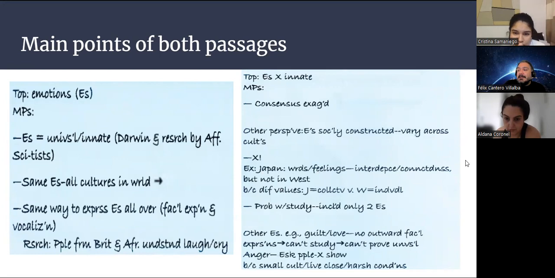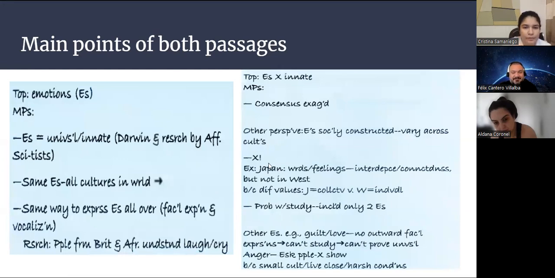And then, these are the three key points. The first key point that was mentioned is that consensus is exaggerated. It's not really that everybody agrees on that. Other people's perspectives are that emotions are socially constructed and vary across cultures. This is the first contradiction. The second one is, the reading says X, so it is wrong. Same emotions in all cultures is wrong.